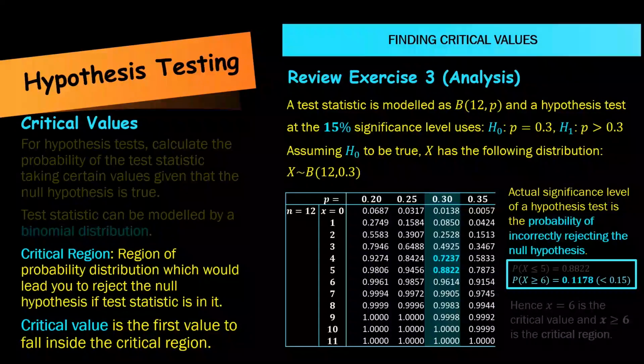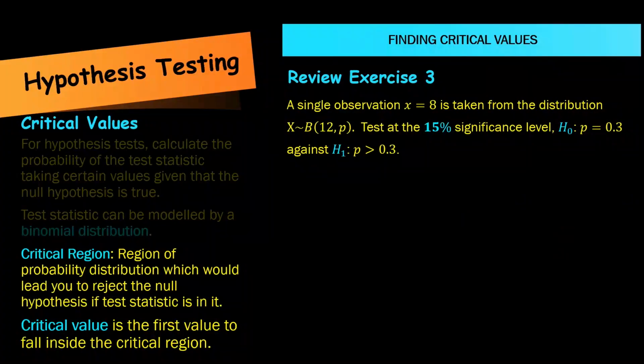So let's now take a look again at review exercise 3. Remember that the question stated the following. A single observation x equals 8 is taken from the distribution x distributed binomially with n equals 12 and probability p. Test at the 15% significance level H0 such that p equals 0.3 against H1 such that p is greater than 0.3.